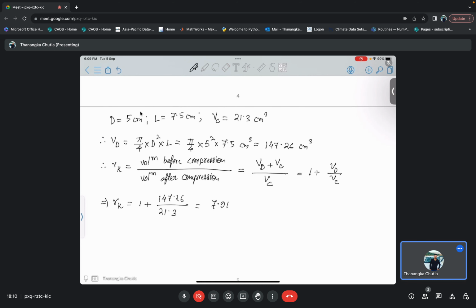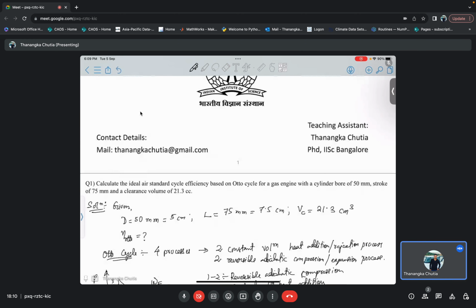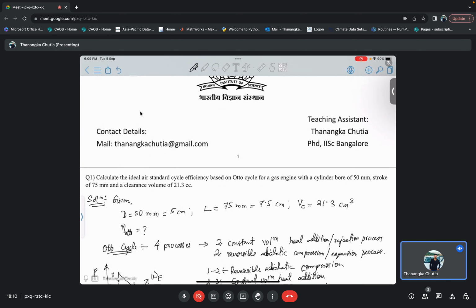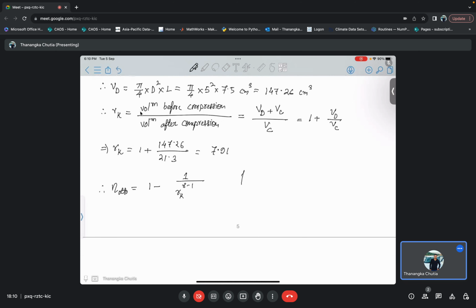Now therefore eta Otto will be equal to 1 minus 1 by Rk to the power gamma minus 1. Now what is gamma? They are taking the standard working fluid as air. So for air gamma is equal to 1.4.